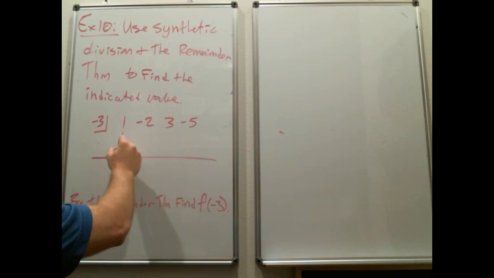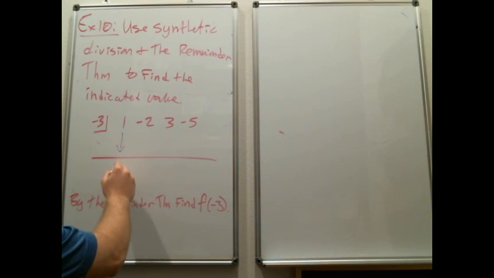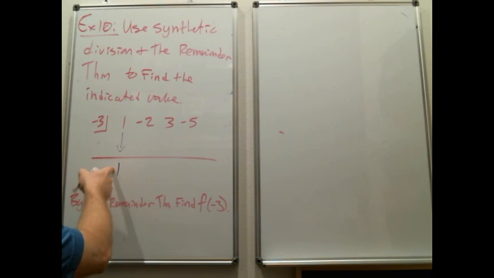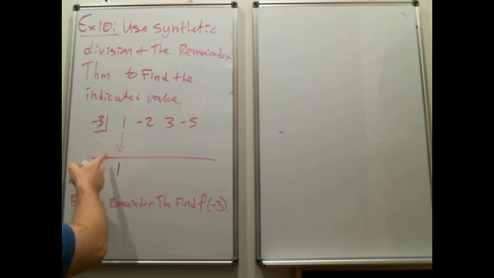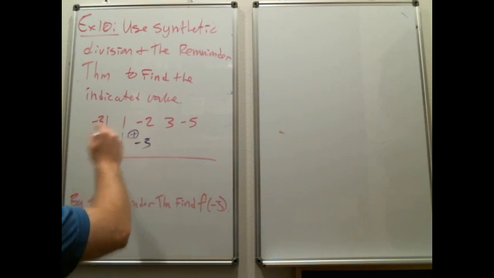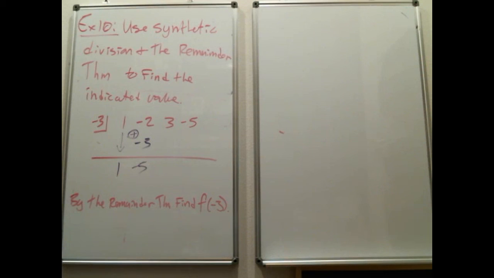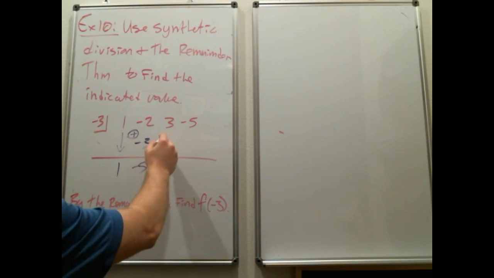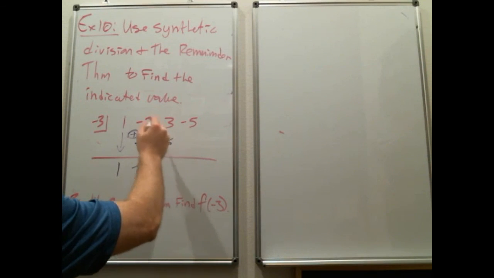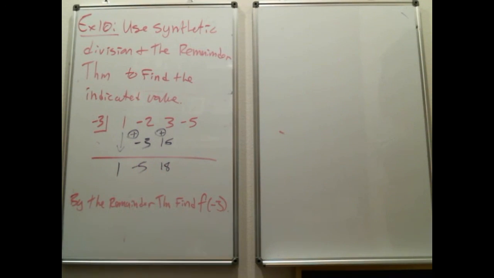So you start off by bringing the first number down, which is 1. Then whatever's down here, you multiply it by the box. 1 times -3 is -3. And we always add down. So this is -5. -5 times -3 is +15. Add down gives you 18.